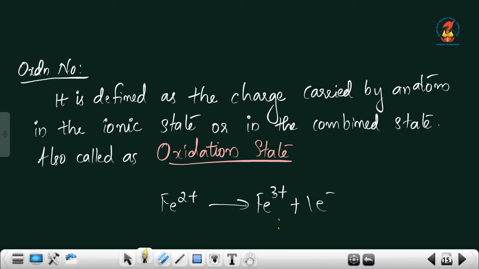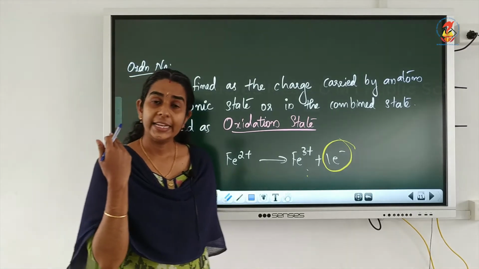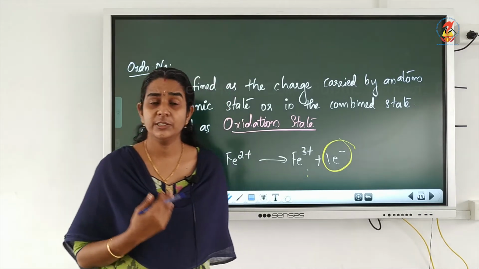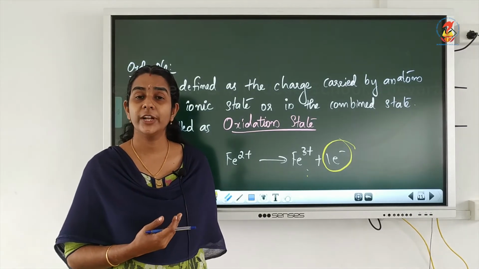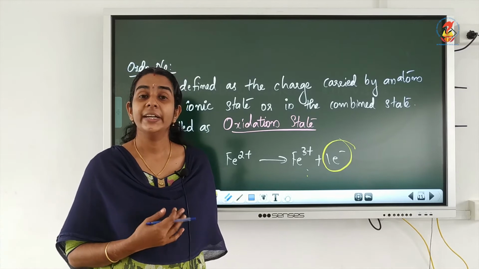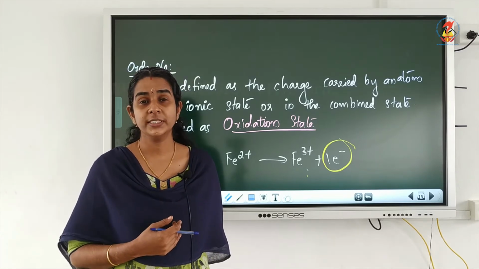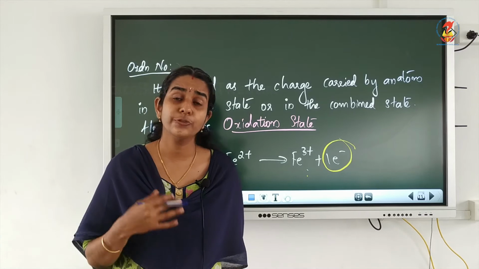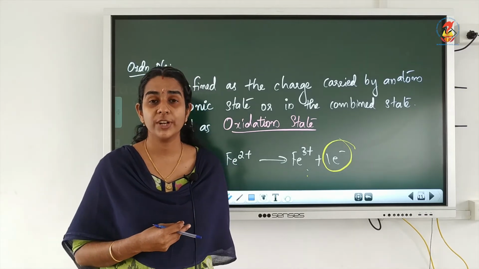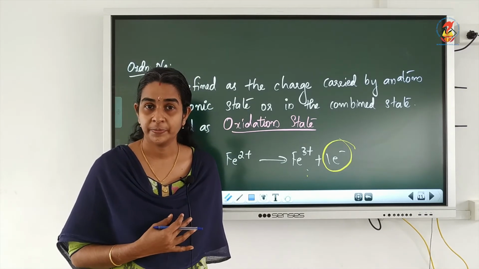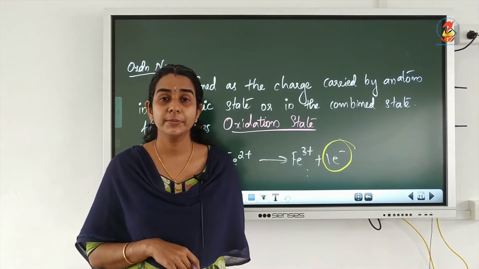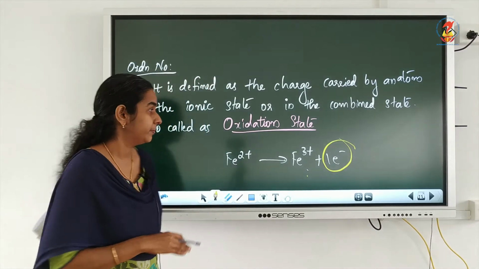From this equation, it is very clear that during this reaction there is losing of one electron, isn't it? So in the case of ionic reactions, it is very easy to find the number of electrons transferred. But in the case of covalent compounds, it is not easy to find the number of electrons transferred during the reaction. So here we use the concept of oxidation number.